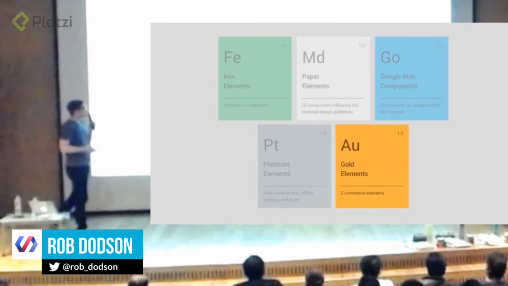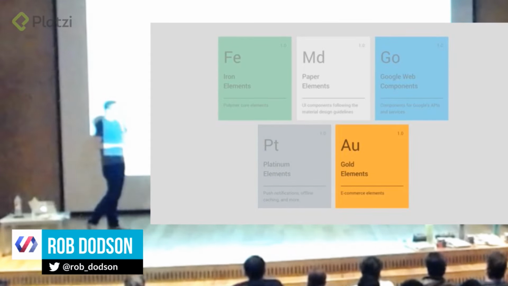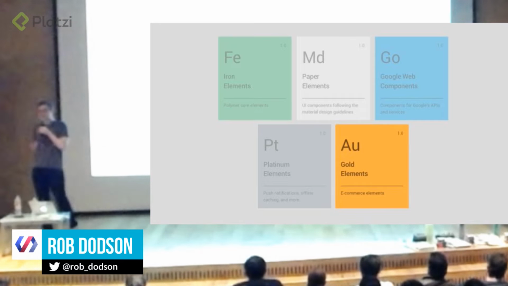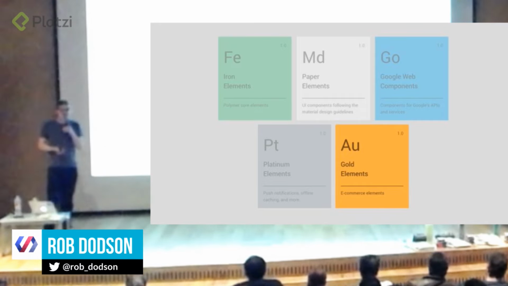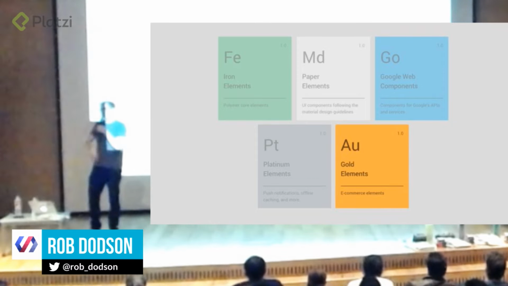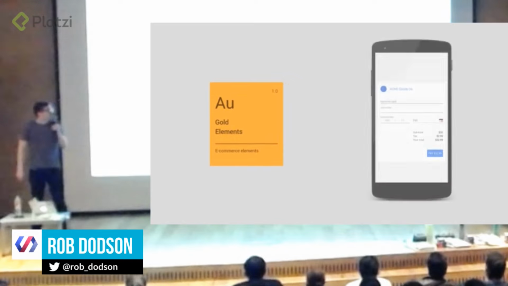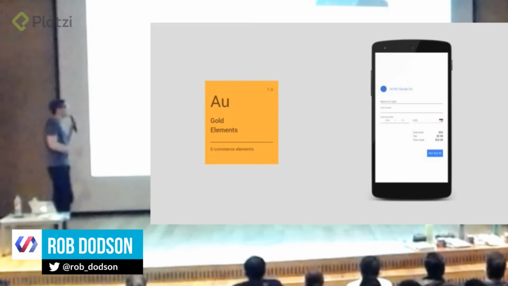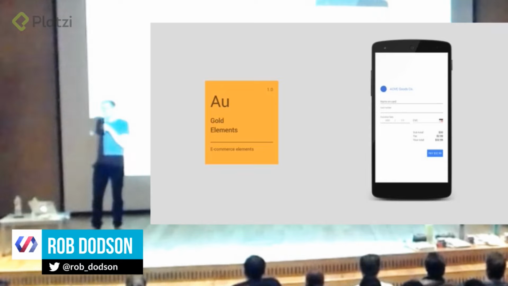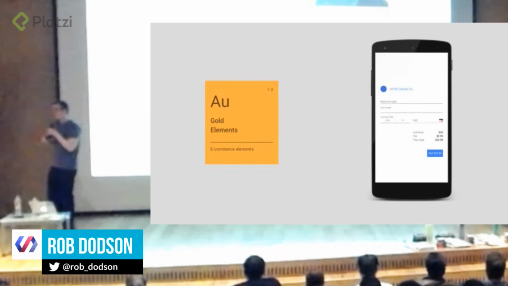The last set I want to talk about are the gold elements. These are for e-commerce. So one thing that we found is really difficult is filling out forms. Nobody likes filling out forms. Nobody likes putting their credit card information or any of that stuff into a form because it takes forever. So with the gold elements, what we've done is we've created mobile-optimized e-commerce form elements for you. And these elements are marked up with autocomplete attributes.